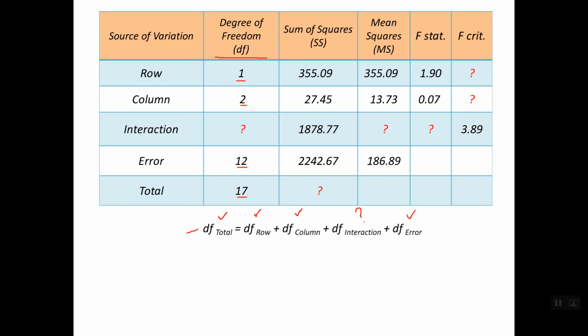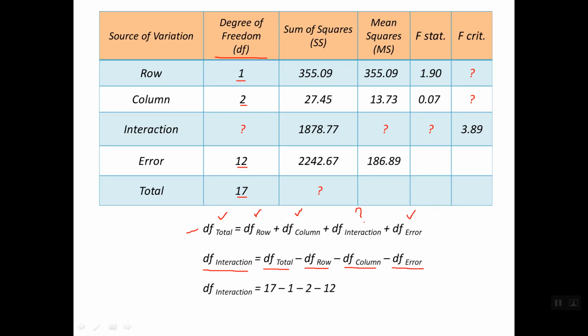So if you keep the degree of freedom of the interaction on one side and move all the variables to the opposite side, you should change the sign from positive to negative. So this is how to calculate the df of the interaction: df total minus the df for the first factor minus the df for the second minus the df for the error.